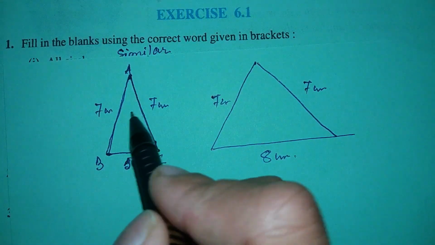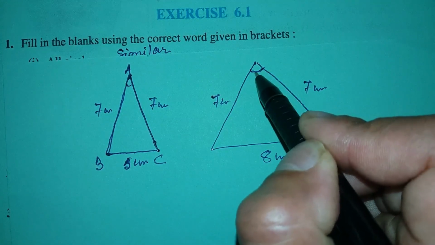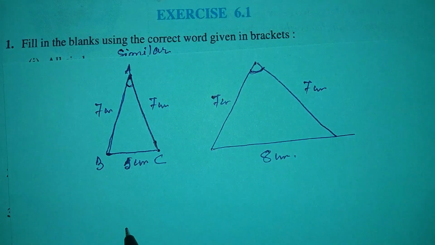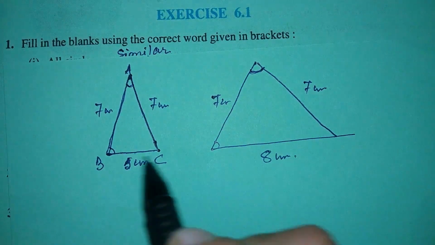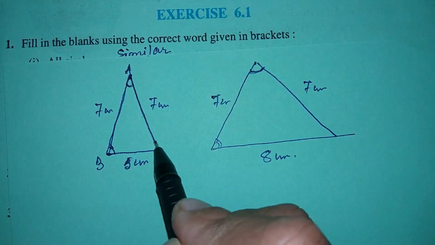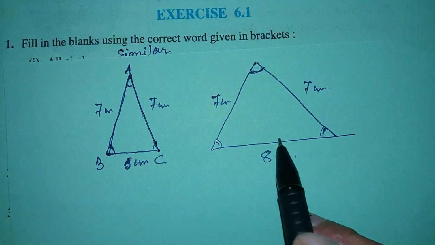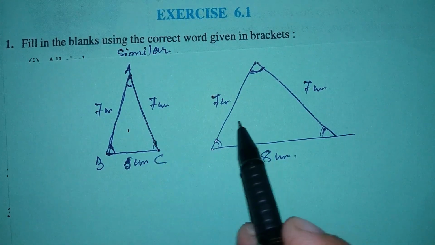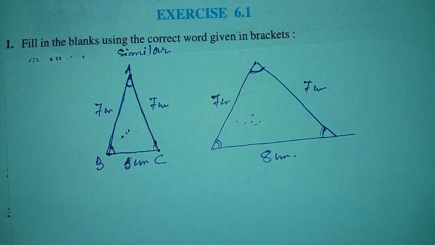Now as we can see here, the angles are not equal. Here this is the bigger angle and this is the smaller angle, and this angle and this angle are also not equal, and this angle and this angle are also not equal. So the first condition already fails here. So there is no chance that these two isosceles triangles will be similar.